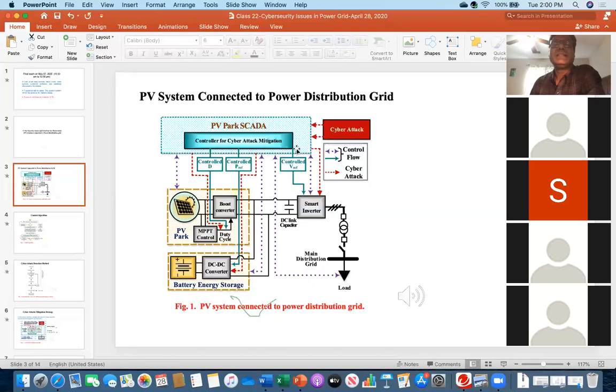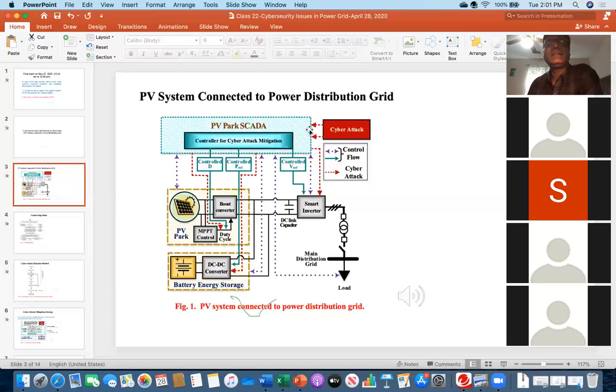This means that when the cyber attacker is changing the signal, the smart inverter, the DC to DC converter or the duty cycle, those are the red color. But with the help of a detection technique, we will be detecting that there is a cyber attack. They are changing the smart inverter, duty cycle, or energy storage.